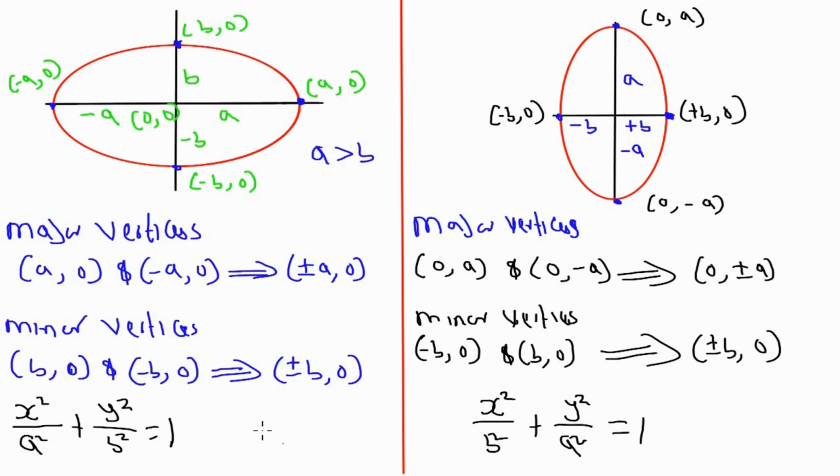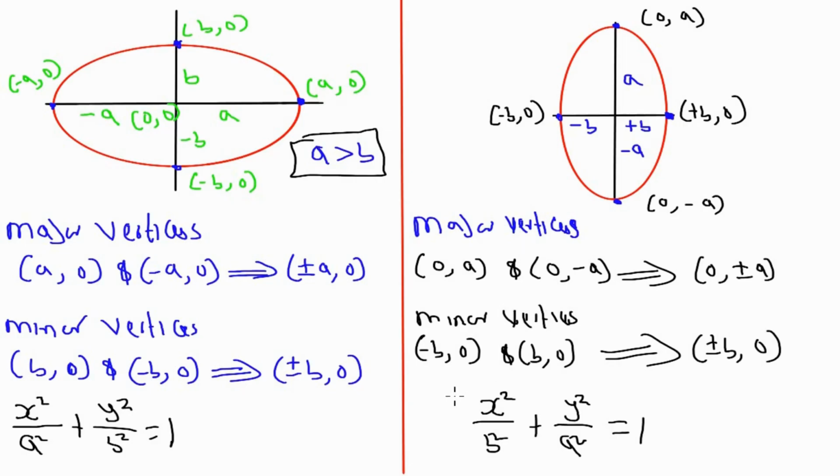Now look at the difference. For the one at the left-hand side, as you can see, the value of a is under x. This clearly tells you that it's an ellipse that is horizontal in orientation. Remember, I said the value of a is always greater than b. Thus, it has a high magnitude towards the x-axis, so it will be elongated along the horizontal axis.